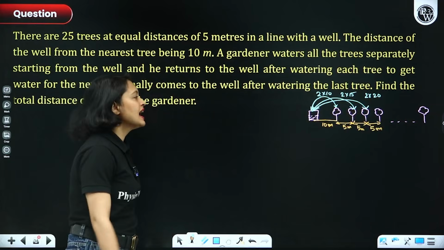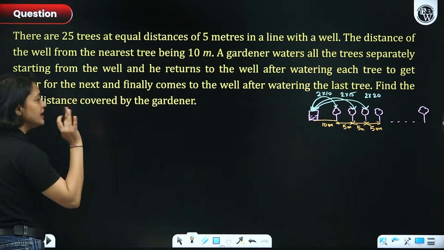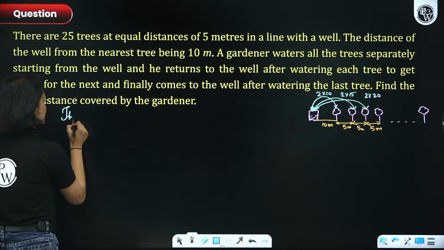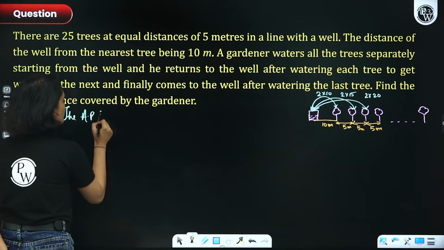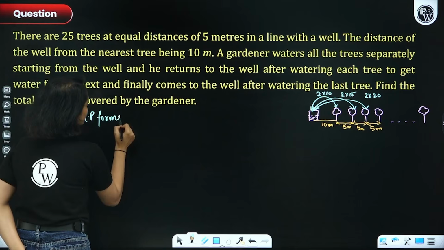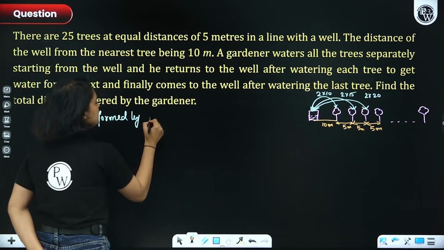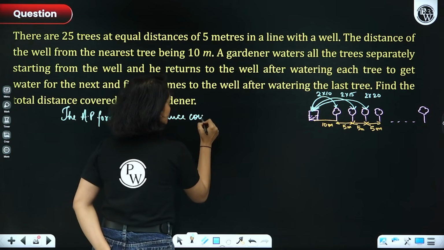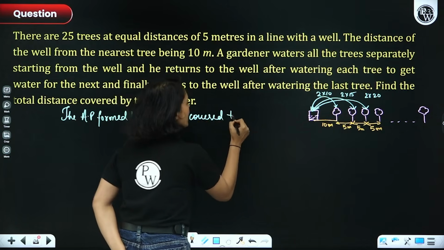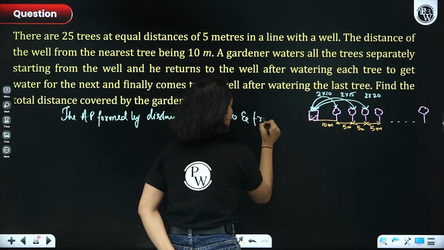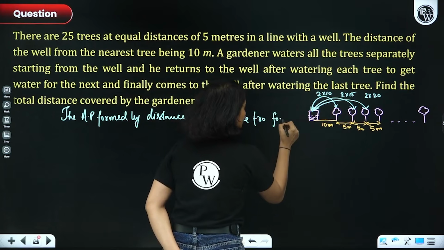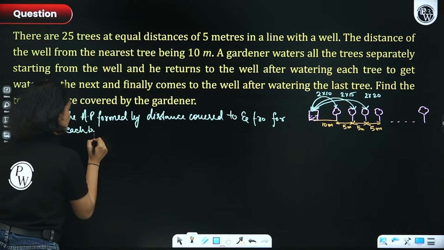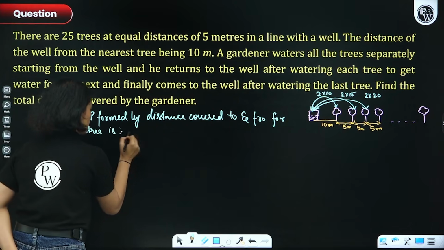Okay? Now, first of all, let's write the AP down. So, the AP formed by distance covered to and fro for each tree is, let's write that down, everyone.